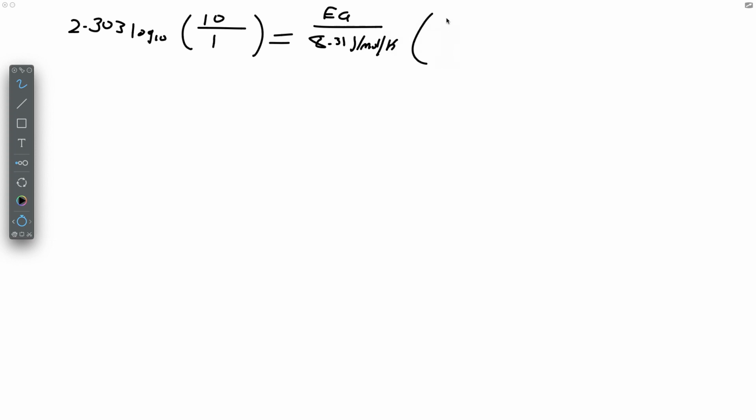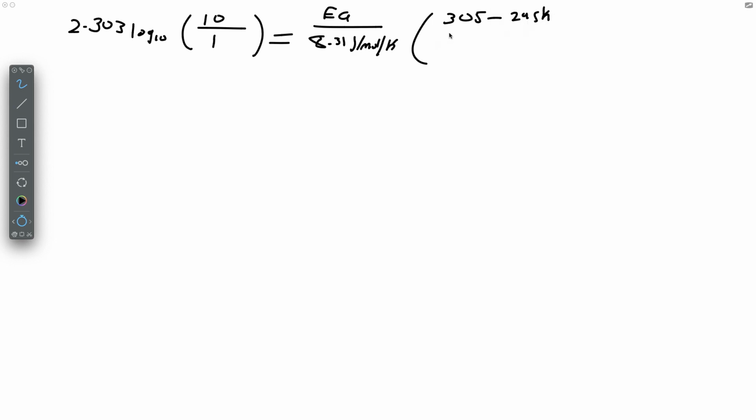Times T2 minus T1. T2 is 32 degrees plus 273, which is about 305 Kelvin, minus T1, which is 22 plus 273, about 295 Kelvin.